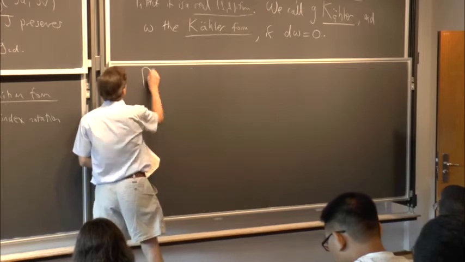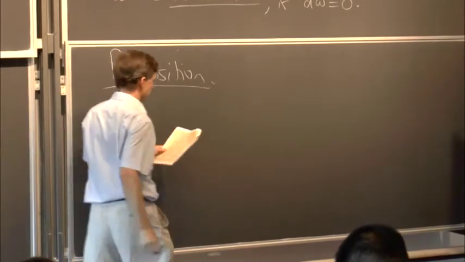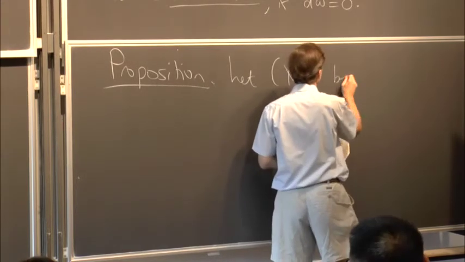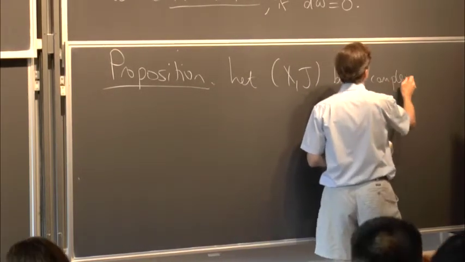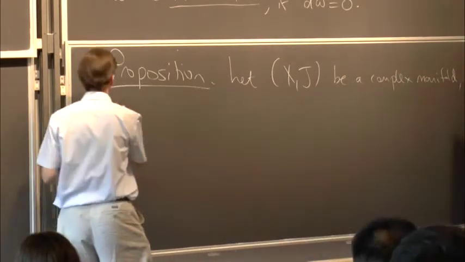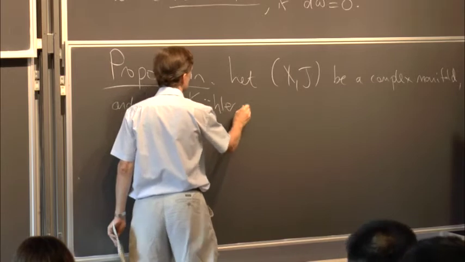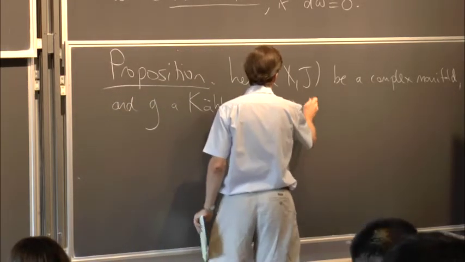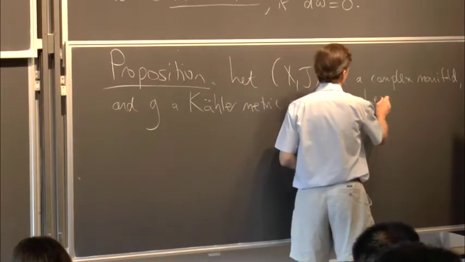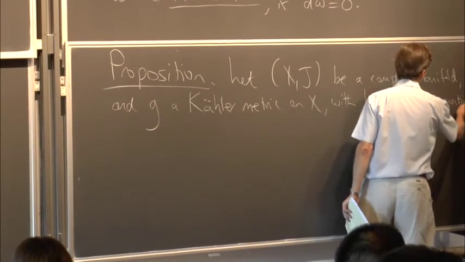Here's an important fact, a proposition. Let X and J be a complex manifold, and g a Kähler metric on X and J, with Levi-Civita connection nabla.